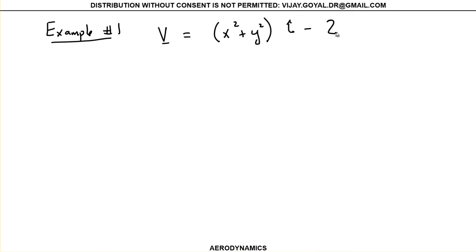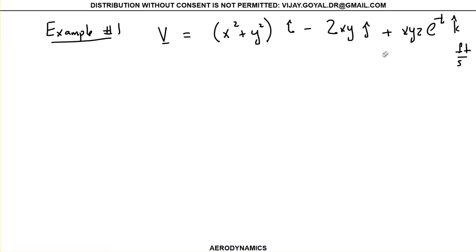As example number one, consider the following velocity field: V equals (x squared plus y squared) i minus 2xy j plus xyz e to the t k, and this is all in feet per second.